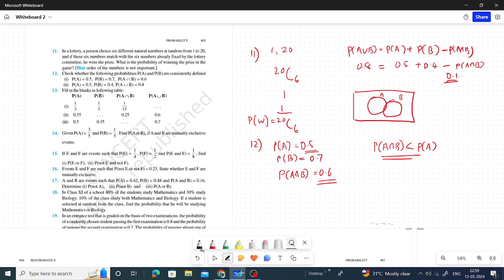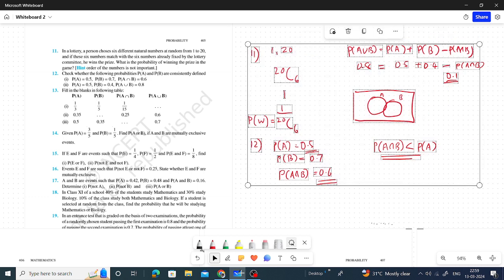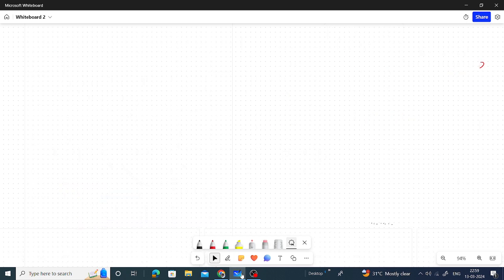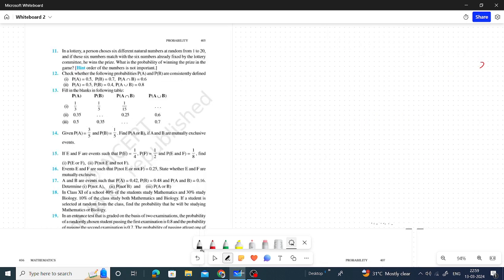And similarly the next question, see what is given. Next question number 30. Here again what you have to do is fill in the blanks using this formula: probability of A plus probability of B minus probability of A intersection B is equal to probability of A union B. These values are given.